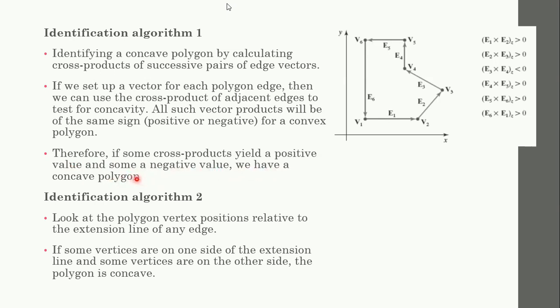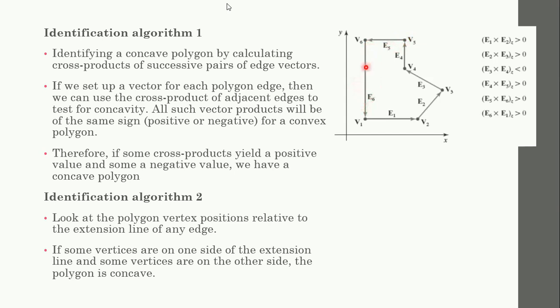If you look here, we have drawn a concave polygon, and we have also drawn its edge vectors. Going from v1 to v2 we have E1, v2 to v3 is represented as E2, v3 to v4 as E3, v4 to v5 as E4, and v5 to v6 as E5.